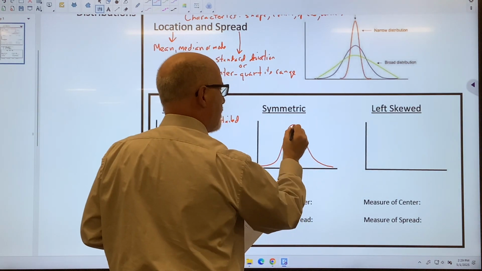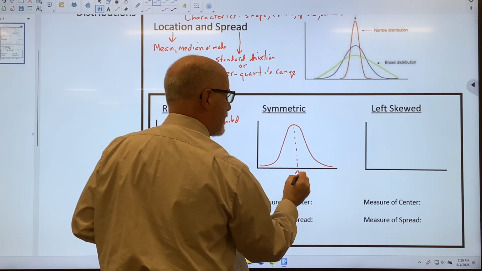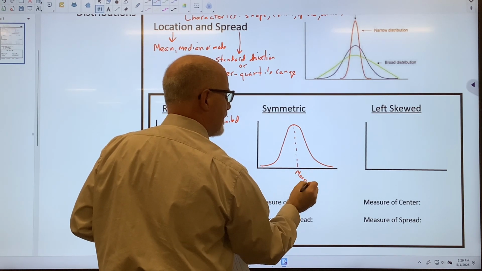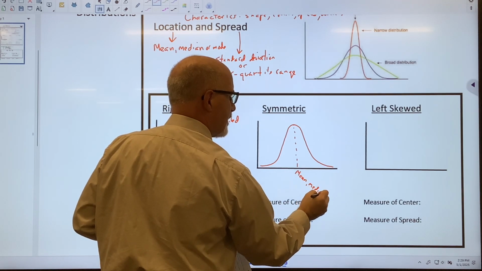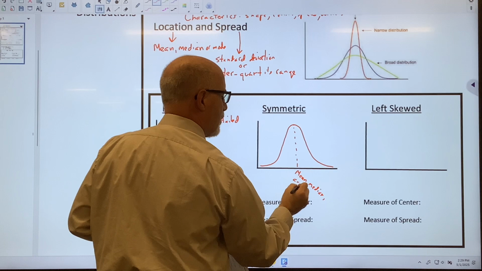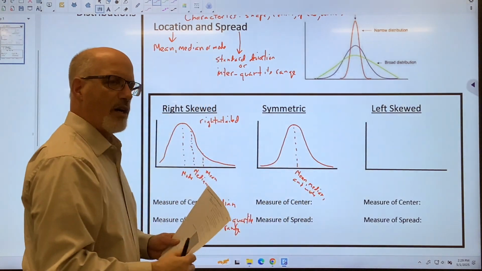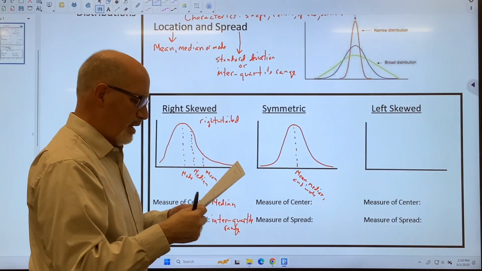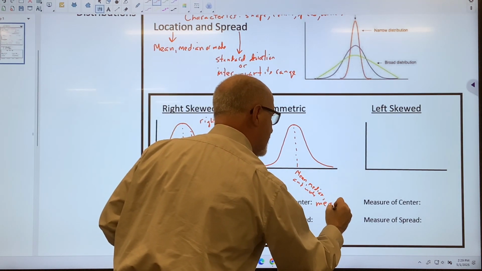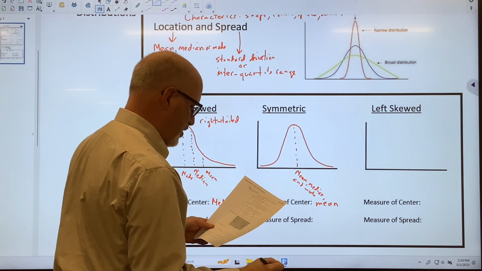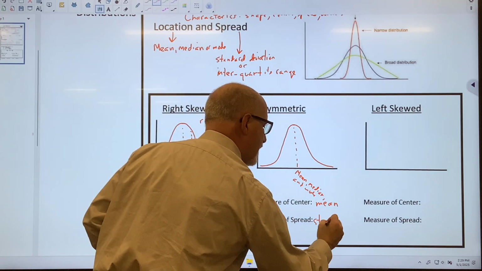Symmetric would have the mean, median, and mode usually right in the same spot, helping us understand where the location is. So we'll use the mean as our center. That gives us our location. And as we go, we're going to introduce a new thing called the standard deviation.